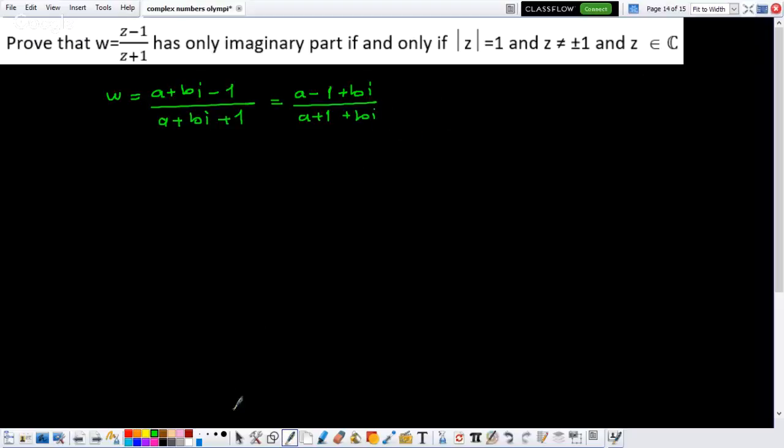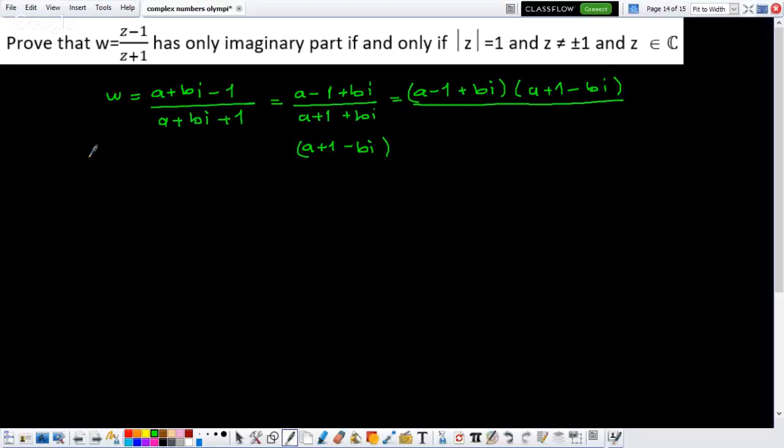I need to multiply this one by the conjugate of this expression to rationalize the denominator, and it will be like this: A plus 1, sorry, made a mistake, A plus 1 minus BI. If I multiply, this is the conjugate of this expression, I'll get the upper part here like this: A minus 1 plus BI times A plus 1 minus BI, all over.